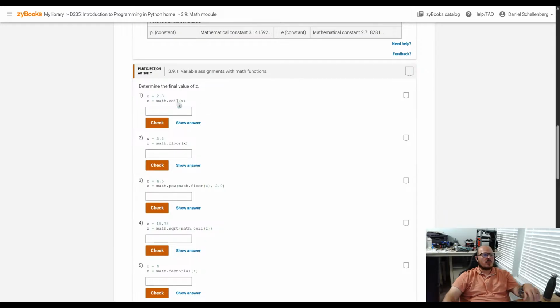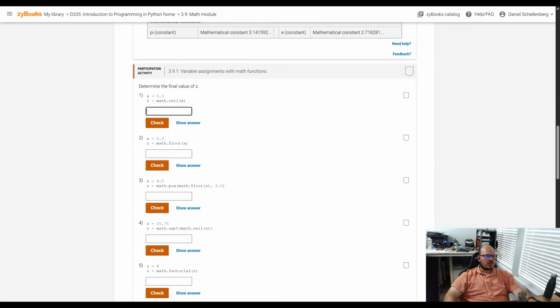All right, determine the final value of z. So x is assigned 2.3, z is assigned, and here it's calling for the math module and using the ceiling function. Ceiling function will round up. So it's saying ceiling x, telling x to basically be rounded up.